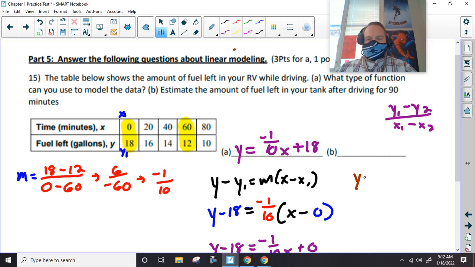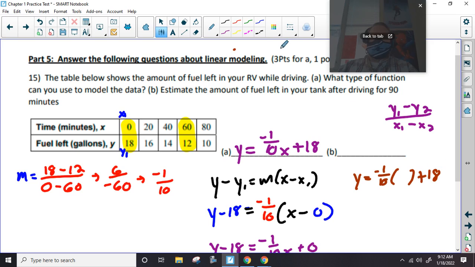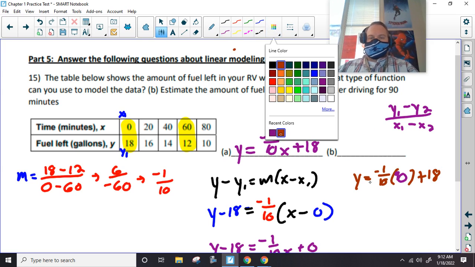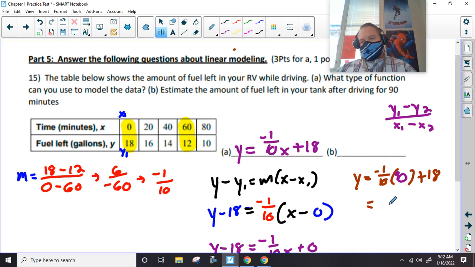So we're going to say y equals negative 1/10 times 90 plus 18. We're going to plug in 90. So this is -9 plus 18. So we get 9 right here.